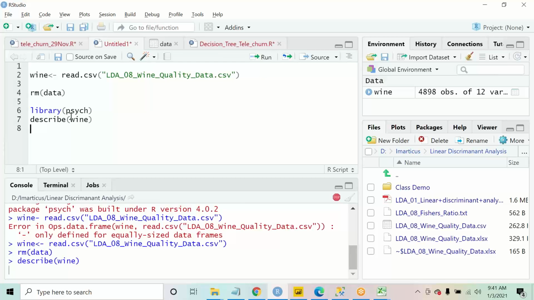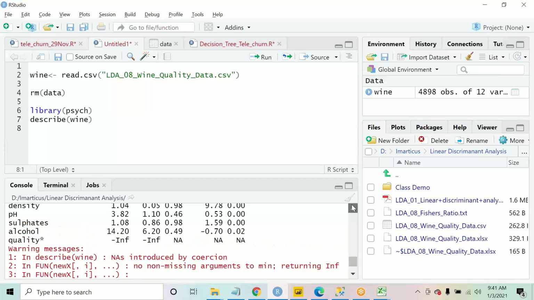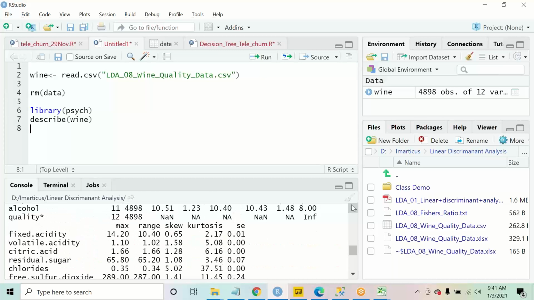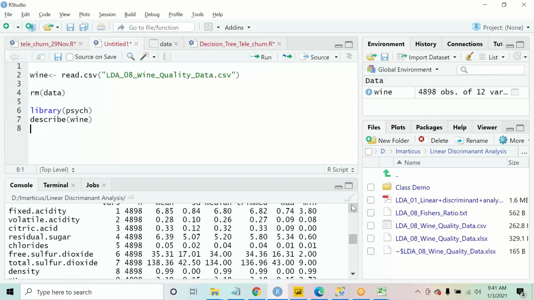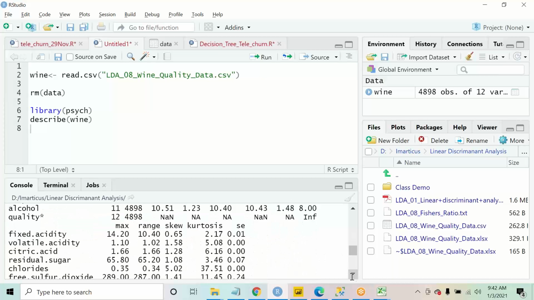When you use the describe function, see what happens, it will basically give you a lot of information. For each variable, like for the acidity variable, what is the count, what is the mean, what is the standard deviation, what is the median, what is the trimmed value, mean absolute deviation, minimum value, maximum value, right? It will give you a lot of information, max, range, and skew and kurtosis.